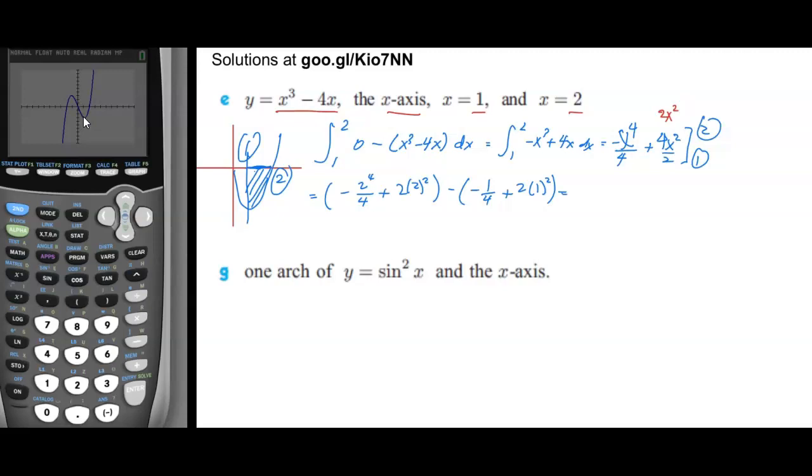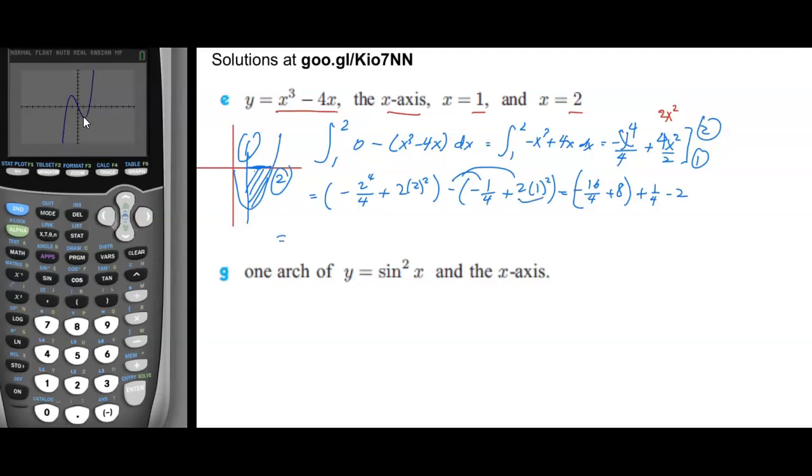So 2 to the 4th is 16, so negative 16 fourths plus 2 squared is 4 times 2 is 8. And I'm going to distribute the negative sign, so it would be positive 1/4, and then it would be negative 2, right? 2 times 1 squared is just 2.